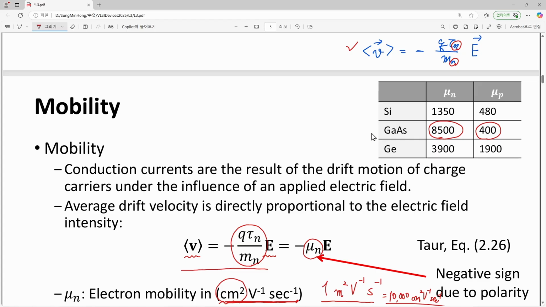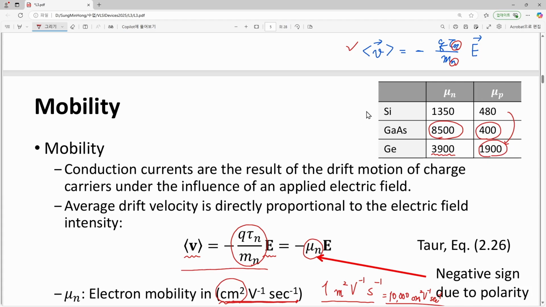On the other hand, if we have a look at germanium, although its electron mobility is also high, the more pronounced one is here. Compared with silicon, germanium has a particularly high hole mobility.